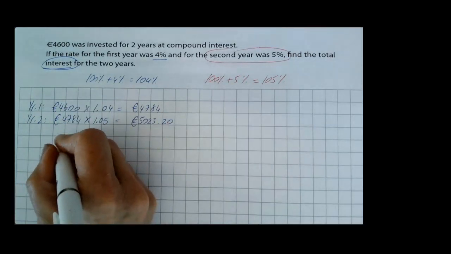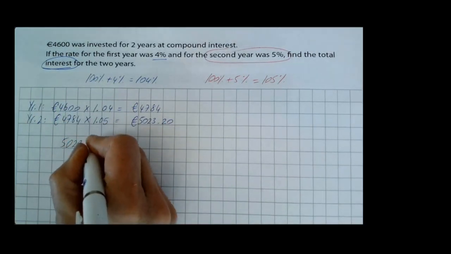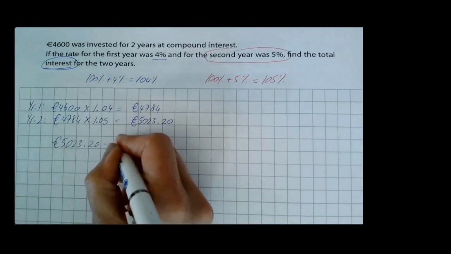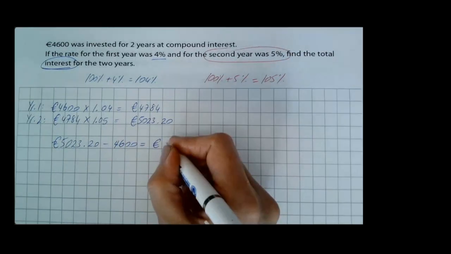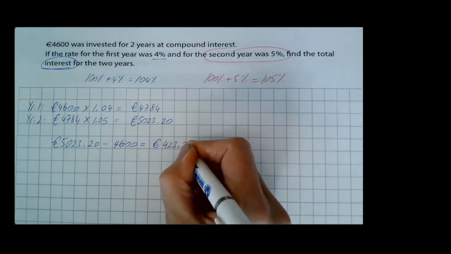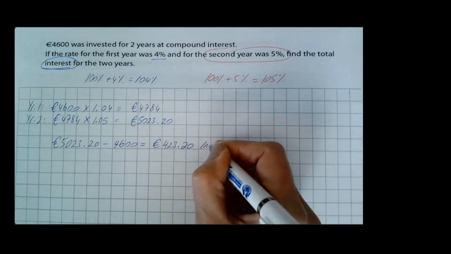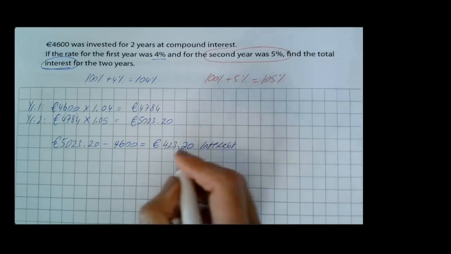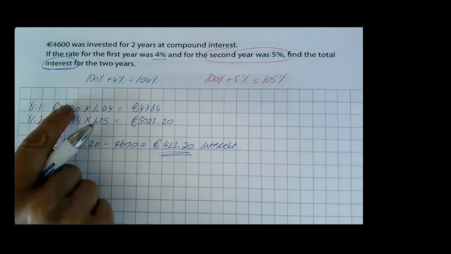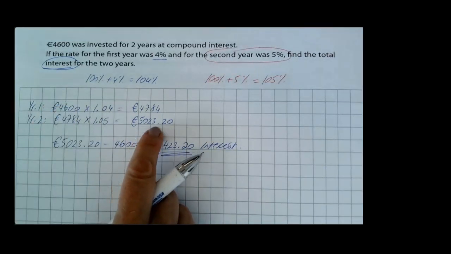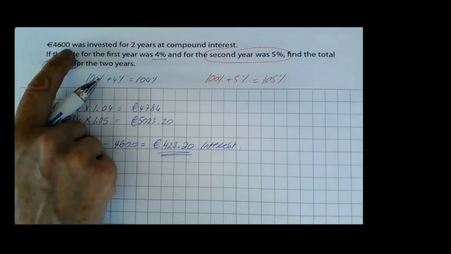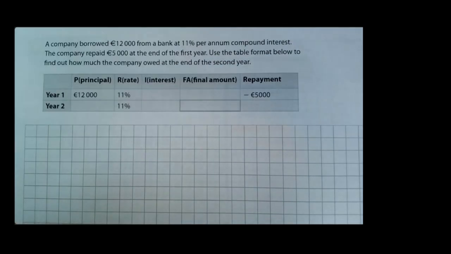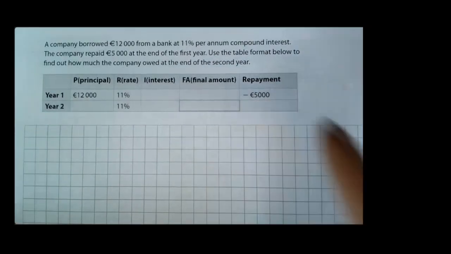So what I'm going to do now is take 5023.20 and subtract what I had at the start, and that will leave me with 423 euros and 20 cents, which must be the interest that I earned. To get from 4,600 to 5,023.20 at the end of the 2 years means I've earned 423.20 on that amount.